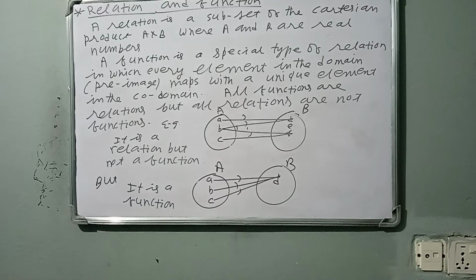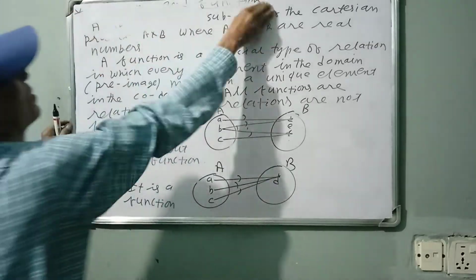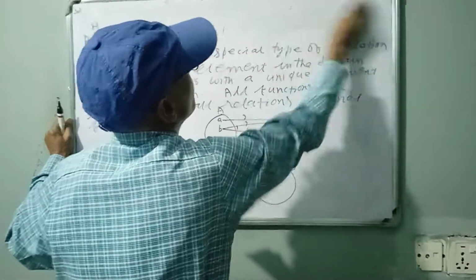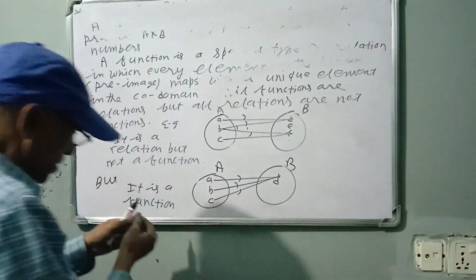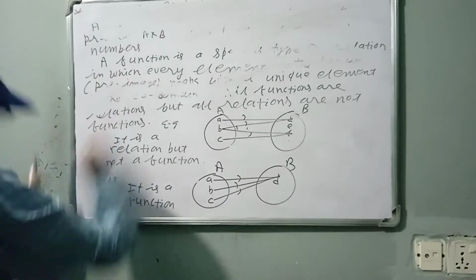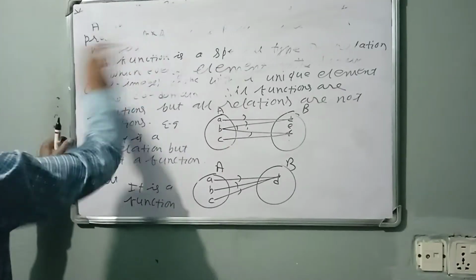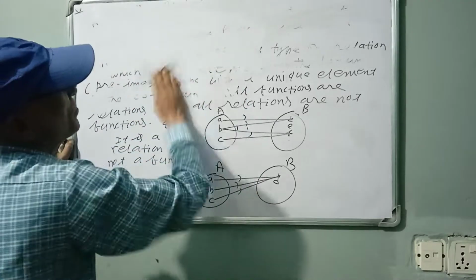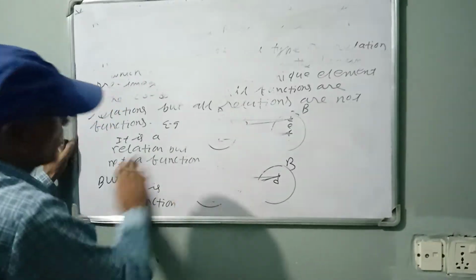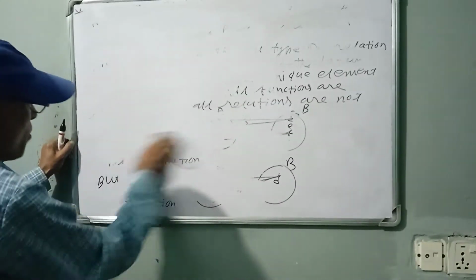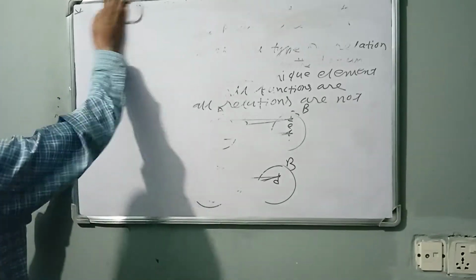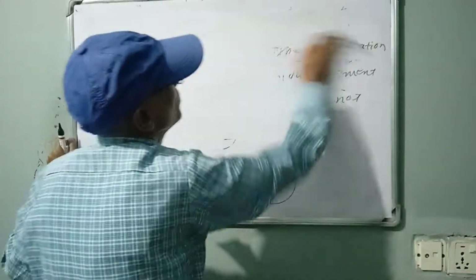So all functions are relations, but all relations are not functions. One clear idea. First, domain and range. Relation, function. Now, different types of functions with definition.